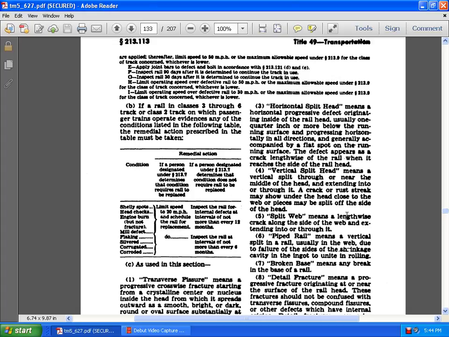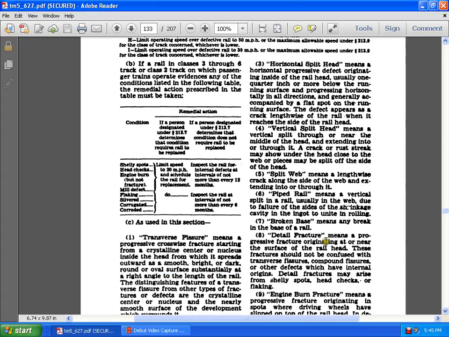Vertical split head means a vertical split through or near the middle of the head, extending into or through it, and a crack or rust streak may show under the head close to the web and be split out of the side of the head. Split web means a lengthwise crack along the side of the web extending into and through it. Piped rail means a vertical split in a rail, usually in the web, due to failure to fill the shrinkage cavity in the ingot during rolling. Broken base means any break in the base of the rail.